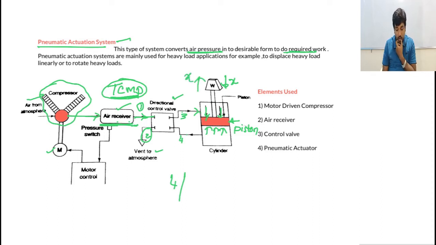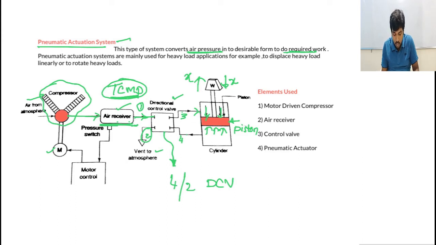Now how many actions are done here? Again, the control valve is able to make 2 different actions. Either it displaces the piston and cylindrical rod in the upward direction, or it can displace them in the downward direction. That's why this particular control valve is also called a 4x2 directional control valve, DCV, 4x2 directional control valve.